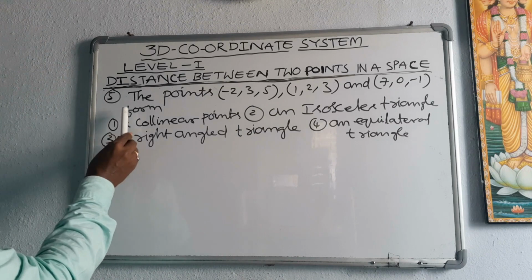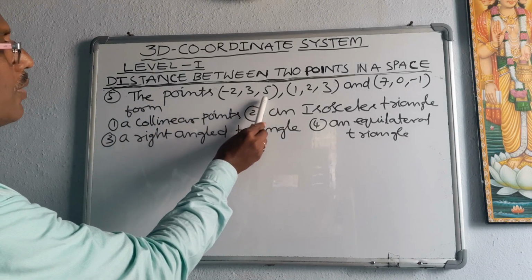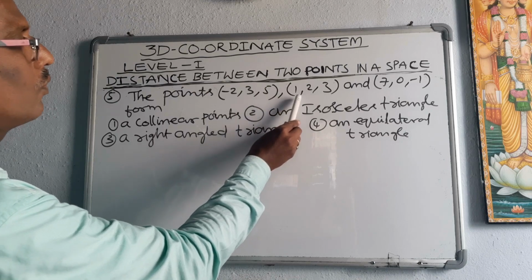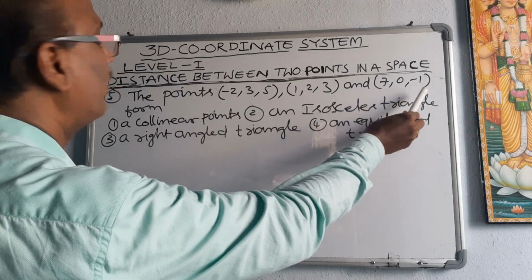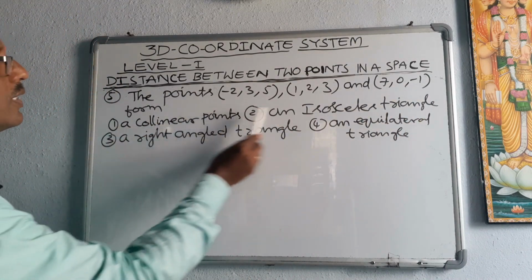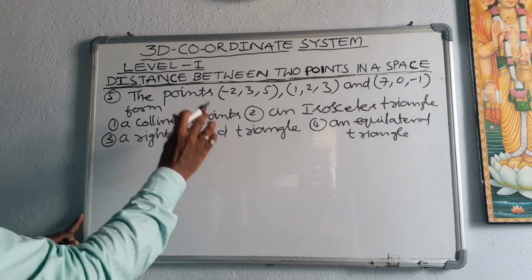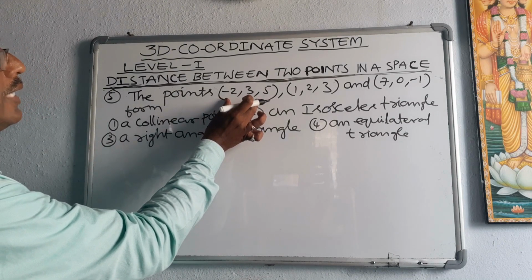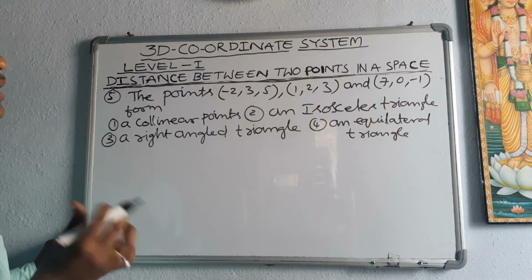Then the fifth question: the points (minus 2, 3, 5), (1, 2, 3) and (7, 0, minus 1) form. Here four options are given. To find the distance between them, these points are A, B and C. To find AB, BC and AC.